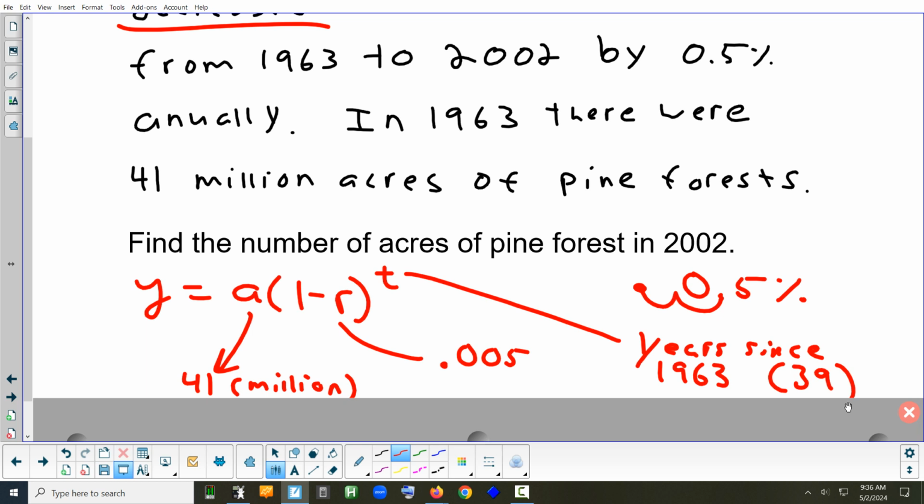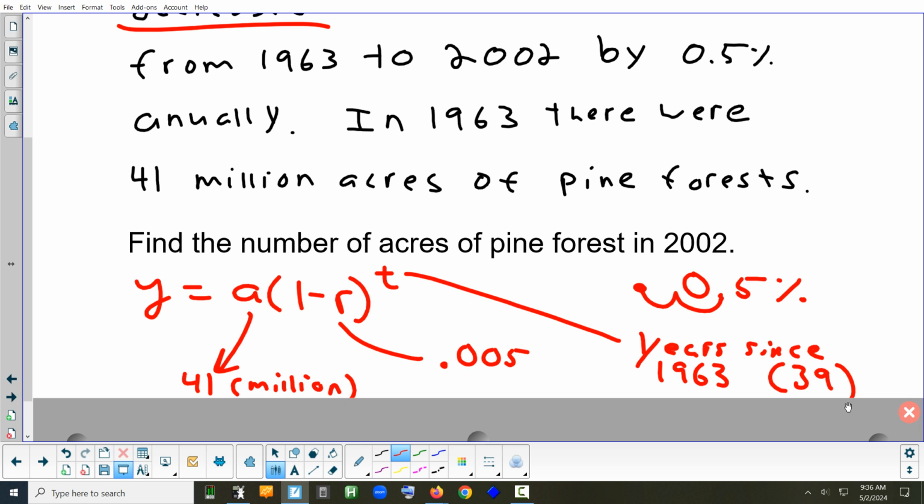All right, so this is years since 1963, 39 years. Did anyone have a question why we did 39? It's just that's what they want us to do. They want us to predict for 2002.